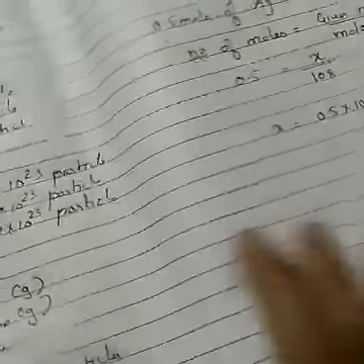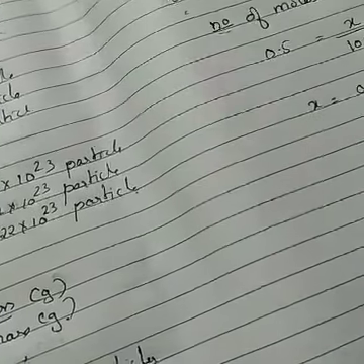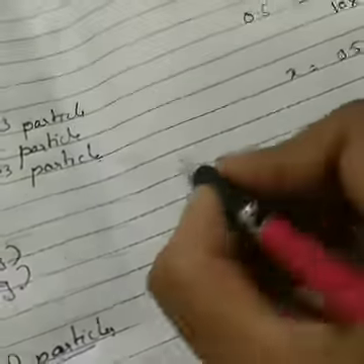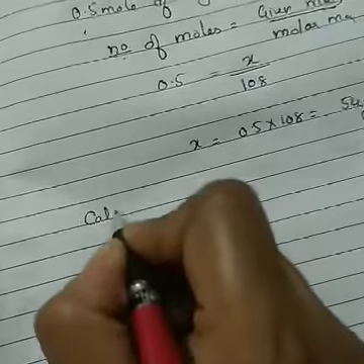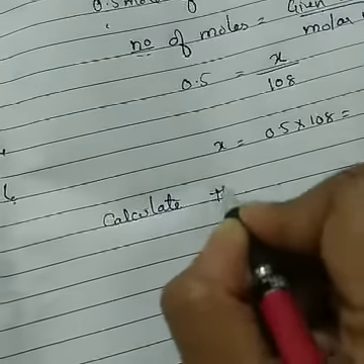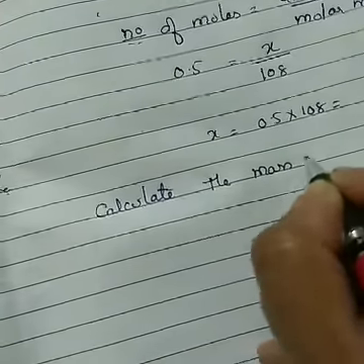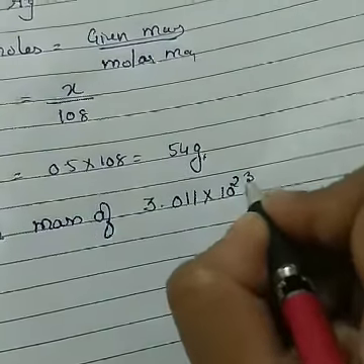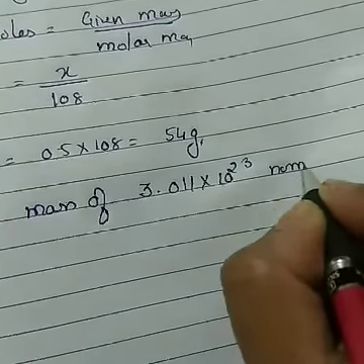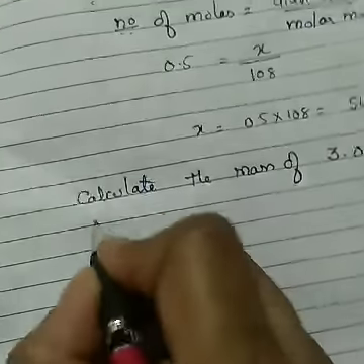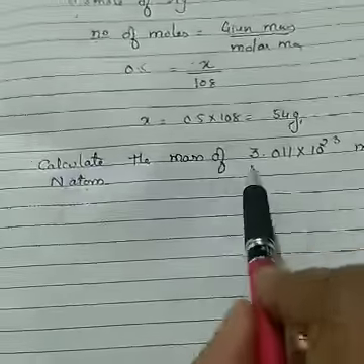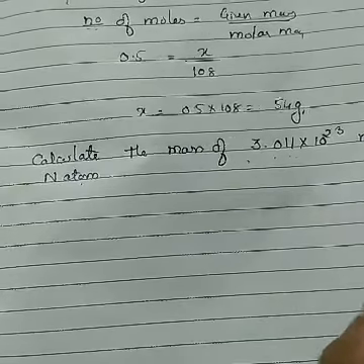The question is: calculate the mass of 3.011 × 10^23 nitrogen atoms. See the question.